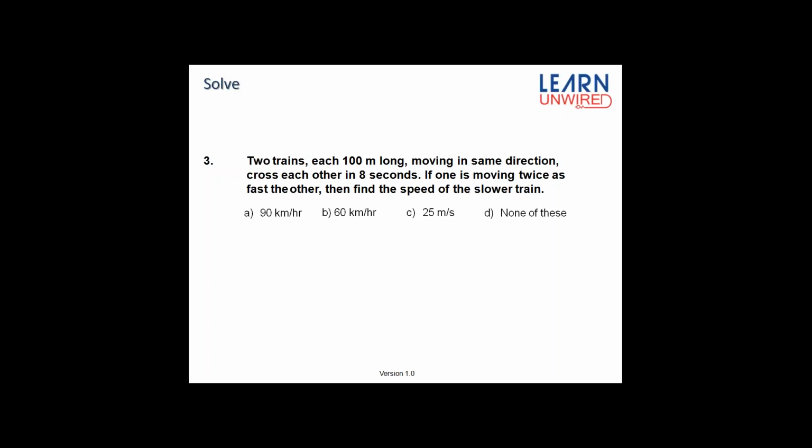You'll have to assume that the first train moves at x meters per second and the second train will move at 2x meters per second like the previous one. If you get answers in meters per second, try to convert it to kilometers per hour.